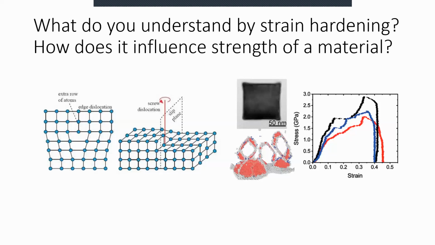In edge dislocation, out of the crystal structure of the solid, you have an extra plane of atoms. When you apply force, suppose in this diagram you start applying force from the left hand side, the first layer of atoms pushes the second, the second pushes the third, the third pushes the fourth, and then at the fourth we have a dislocation.